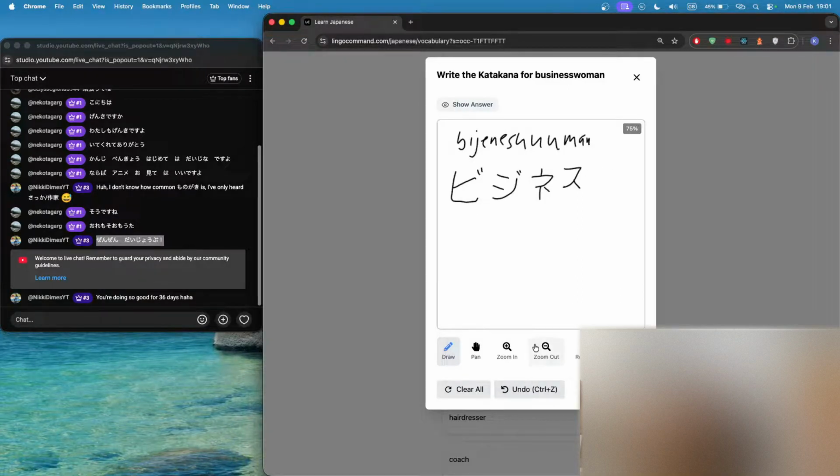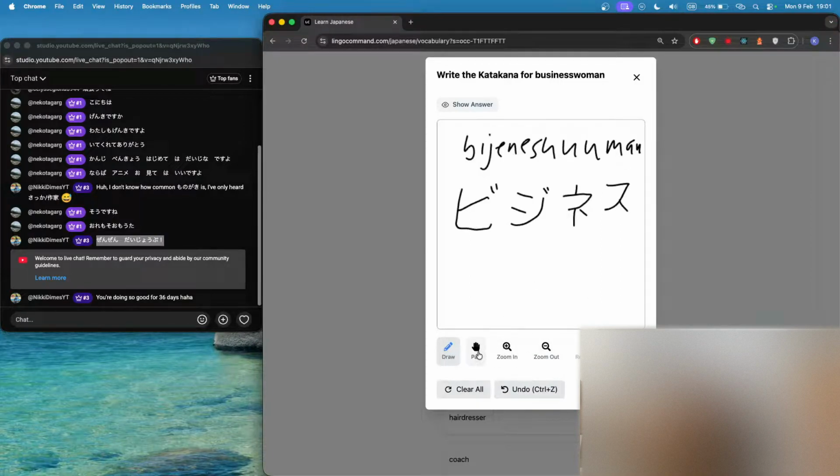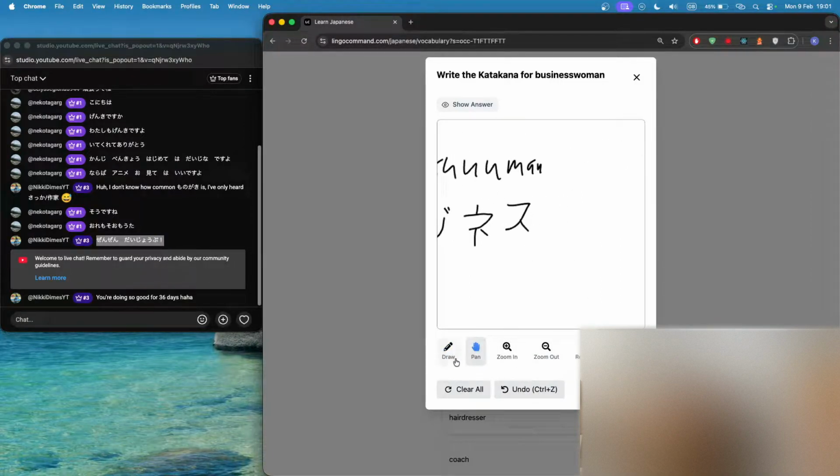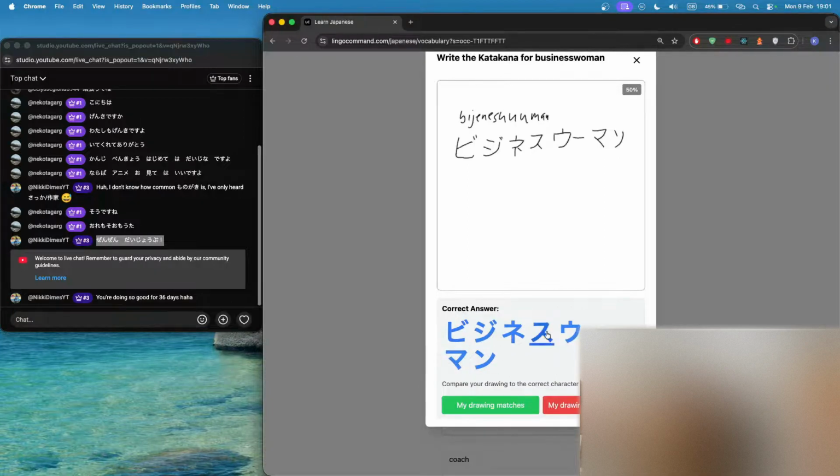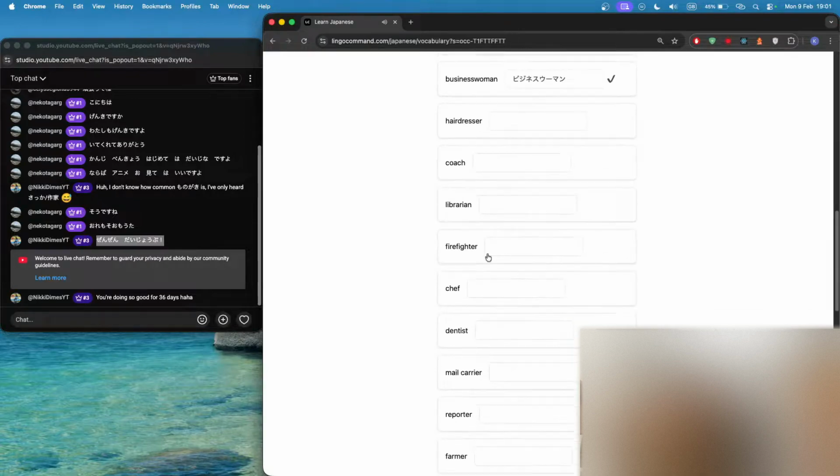Always found the stroke order for u a little bit confusing because, let's pan to the right here, you start here and then you have this one and then you go like that. Then you extend the vowel sound using this dash and then it's man. So let's zoom out and see how much we can fit here. Business uman. So that's a match. Fantastic.